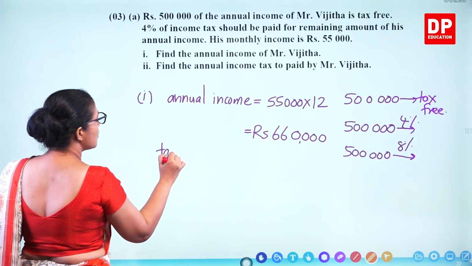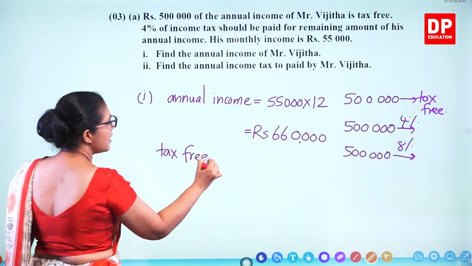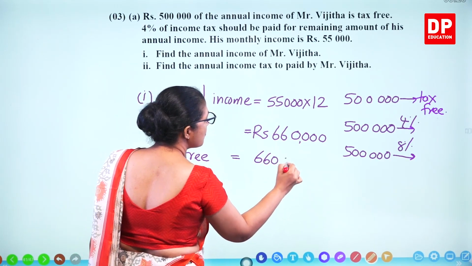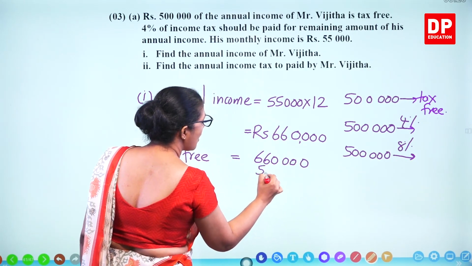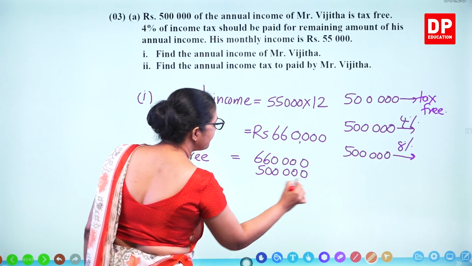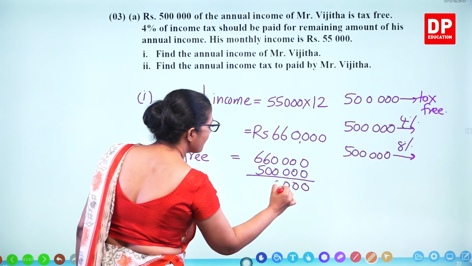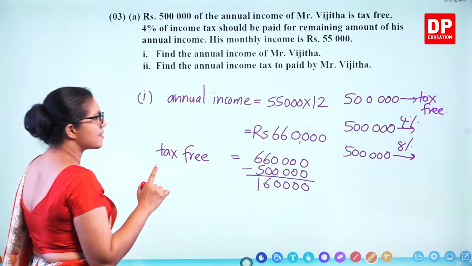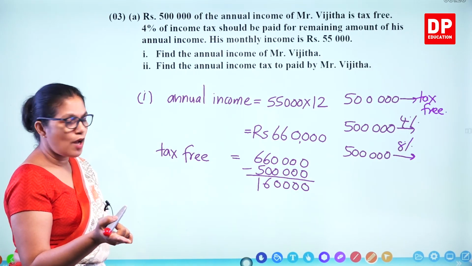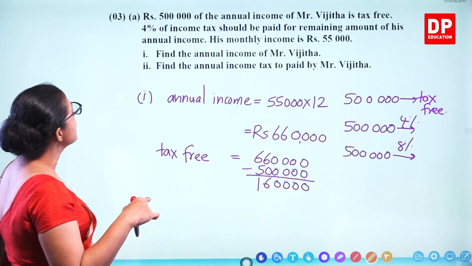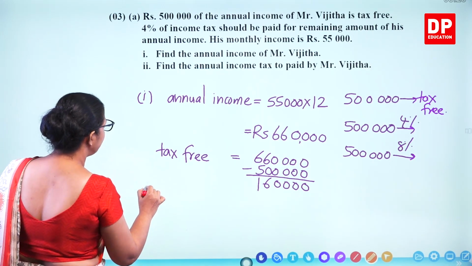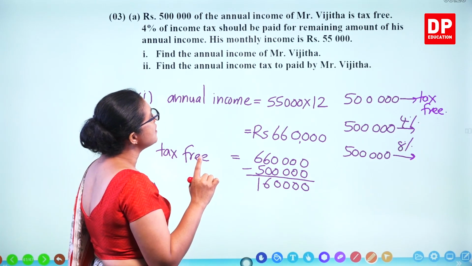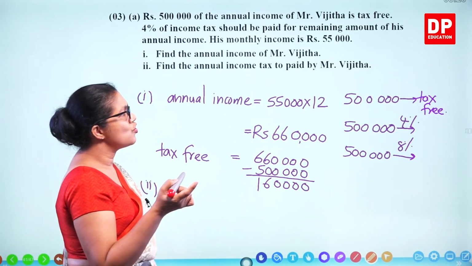So from that, 500,000 is tax-free. So you can subtract 500,000 from that. 160,000 you have to pay tax. So that's less than 500,000, so 4% tax. They are asking, find the annual income tax to be paid by Mr. Vijitha.